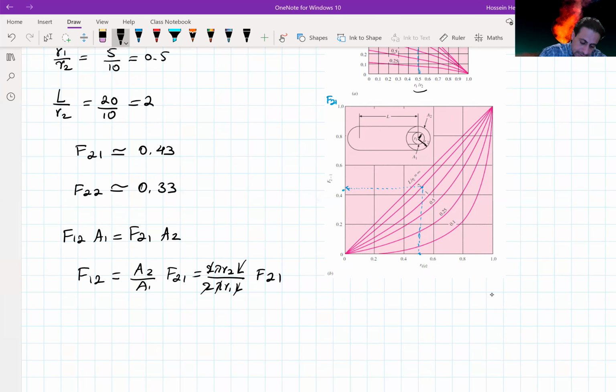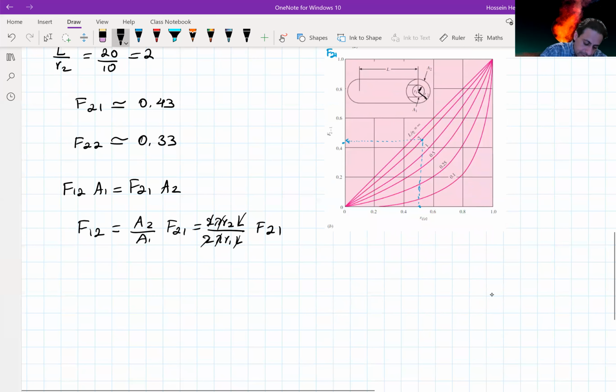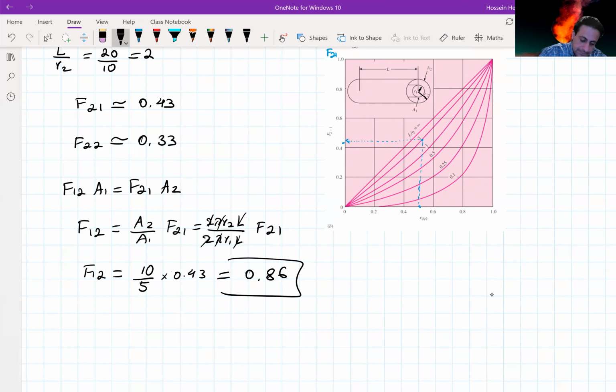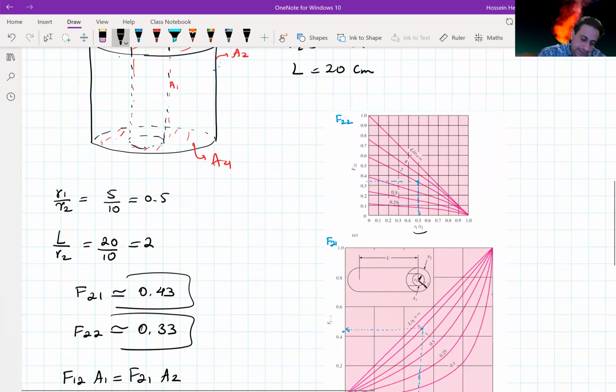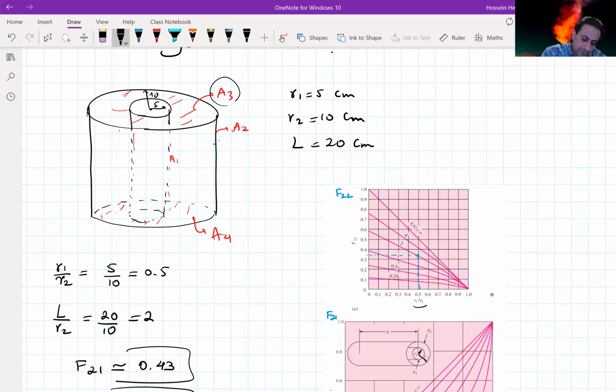Everything is going to cancel out except the radius ratio. So F12 would be the ratio of the radius 10 divided by 5 times F21, which is 0.43 that we read from the graph. So it's going to be 0.86. This is F12.